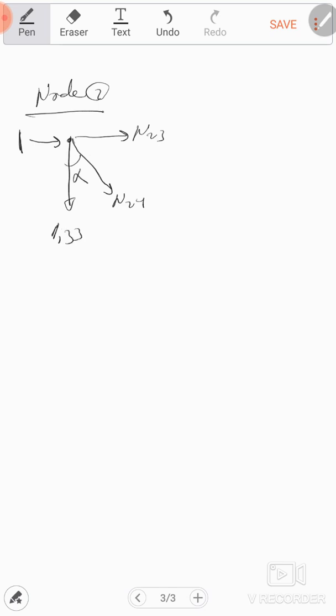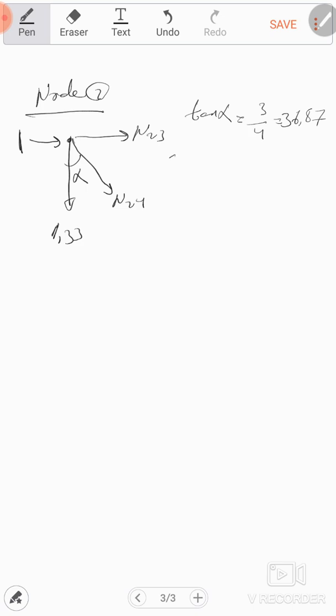And here we have the angle alpha or theta, up to you. Because we have an incline, we should take tan theta, or tan alpha, sorry, because I already wrote alpha, equal to 3/4, equal to 36.87.